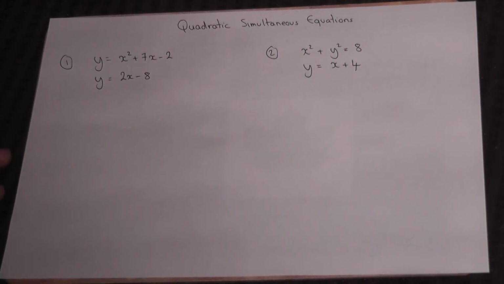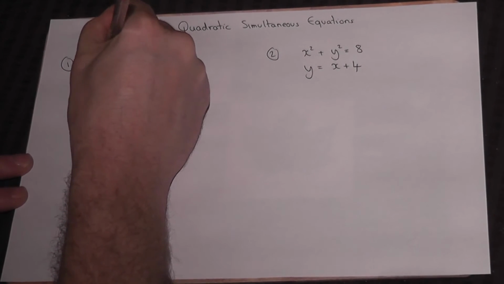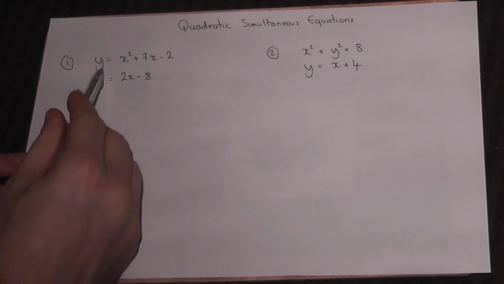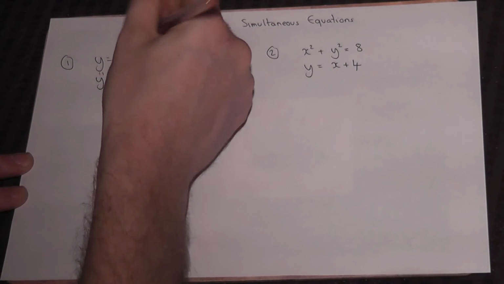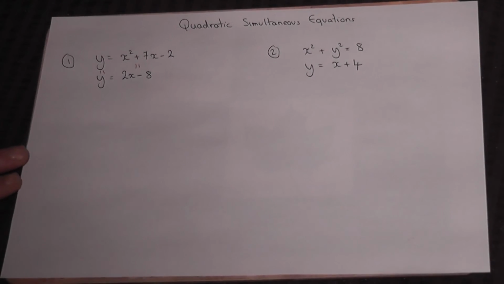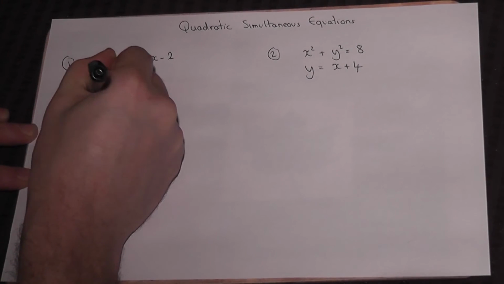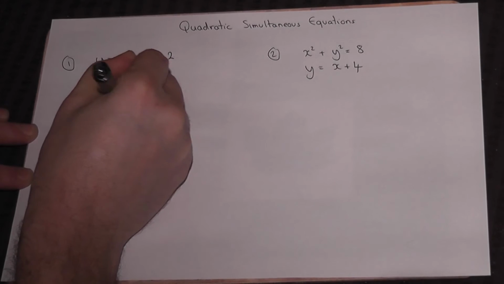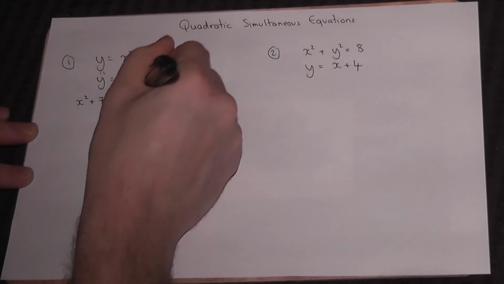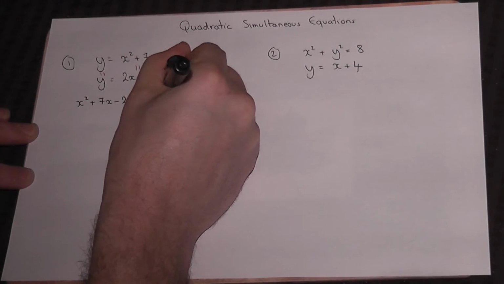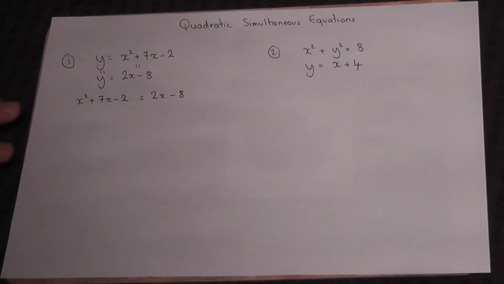In other words, where are the y's equal? But if the y's are equal, then these two expressions here must also be equal. So the question is asking, where does x squared plus 7x minus 2 equal 2x minus 8?